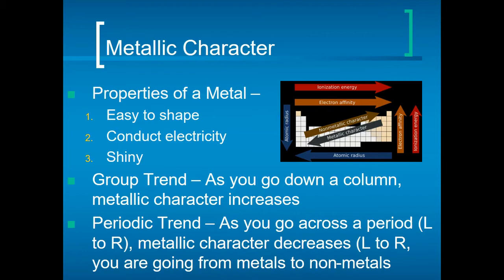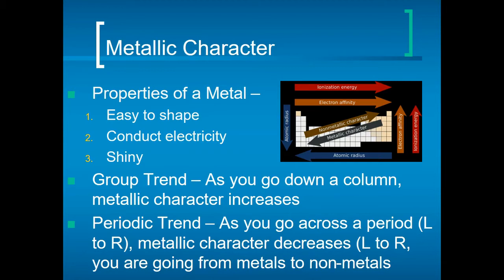It means you go down a period, down a group, your metallic character increases. You go down the table, you become more metallic. As you go towards the nonmetals, you're going to become less metallic. So you're going from metals to nonmetals, you're going to become less metallic.